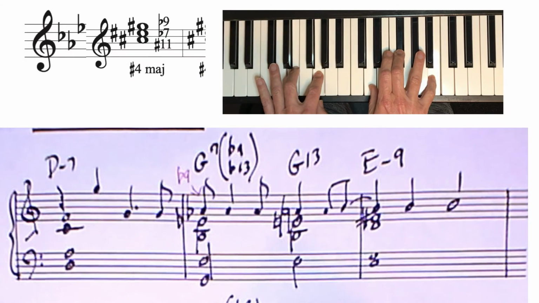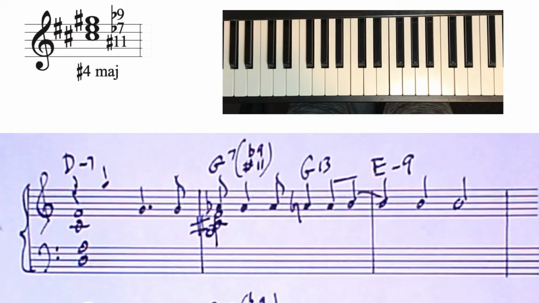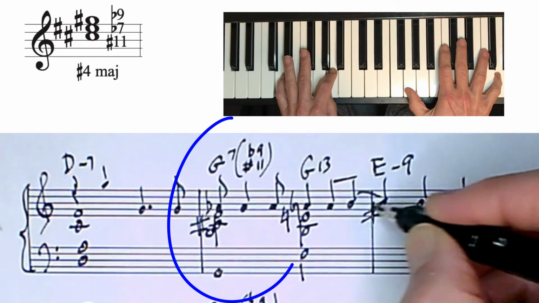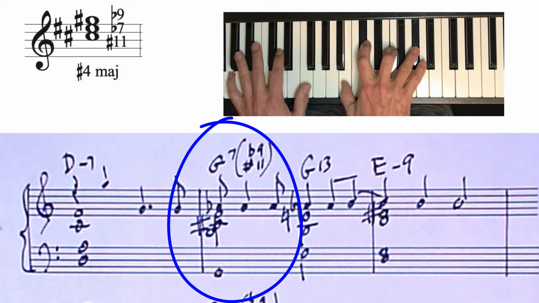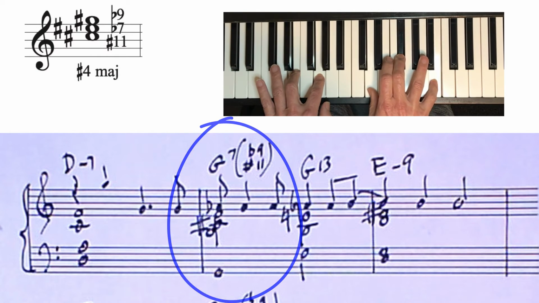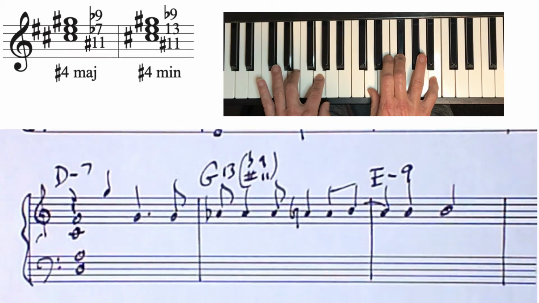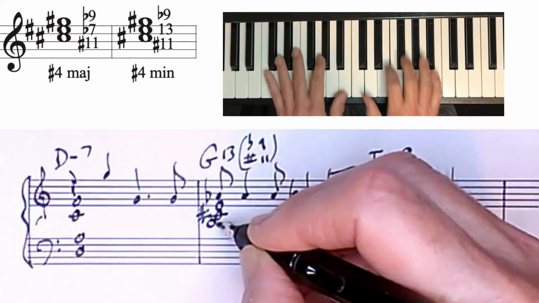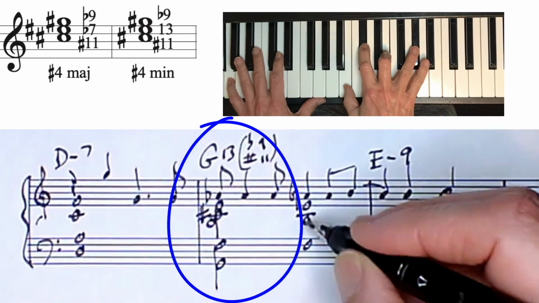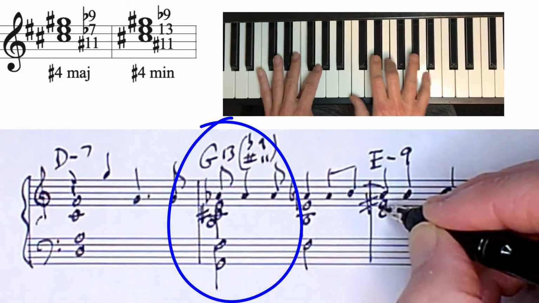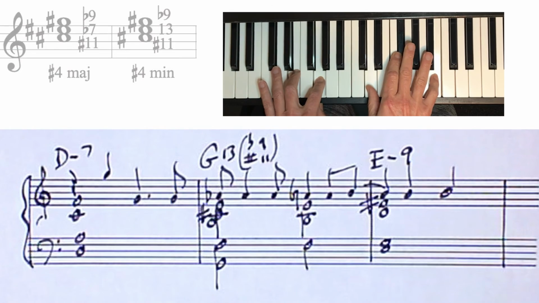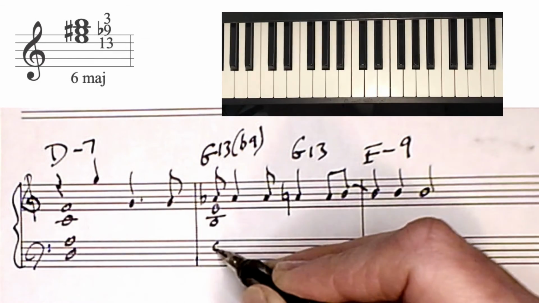The same excerpt, now with a major triad on sharp 4. With a minor triad on sharp 4. And finally, with a major triad on 6.